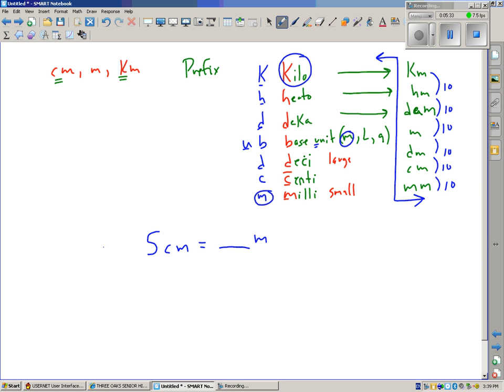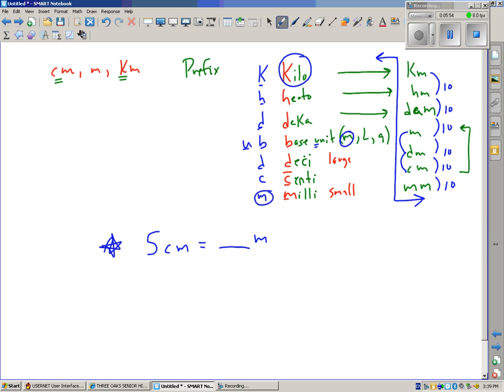So when I look at this example, I'm going from centimeters all the way up to meters. So you have to ask, how many times do I go up? It looks like maybe there's 3 tens there, but there's really only 2 steps. So I move the decimal twice. And which way am I going?